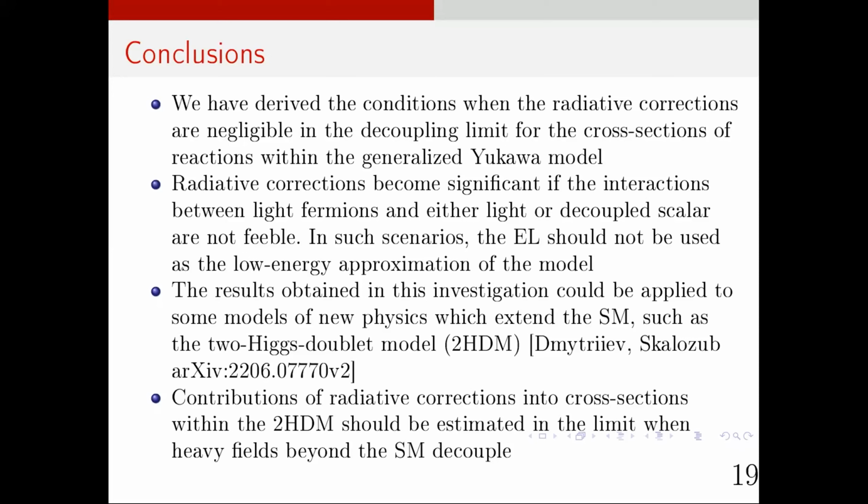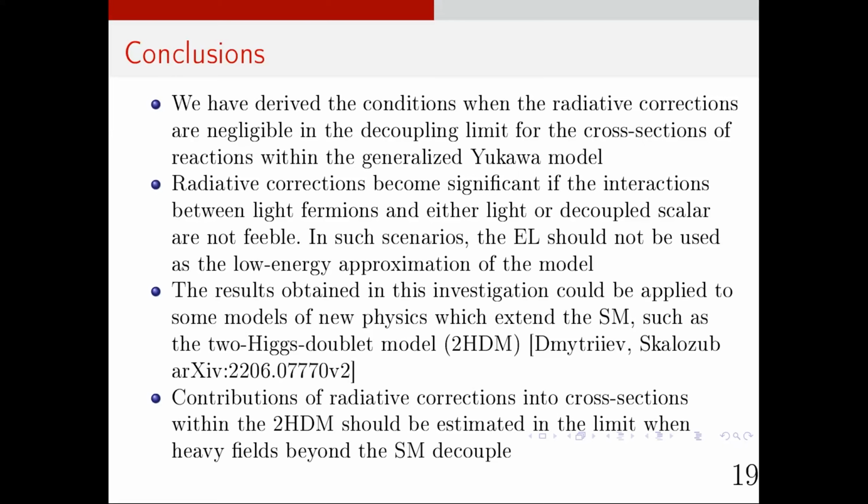The results which we derived here could be applied to some models of new physics which extend the standard model. For example, we could apply this to the two Higgs doublet model. This was actually the original motivation of this research. We wanted to find out when we could apply the effective Lagrangian of the two Higgs doublet model to describe scattering processes of the standard model fermions.